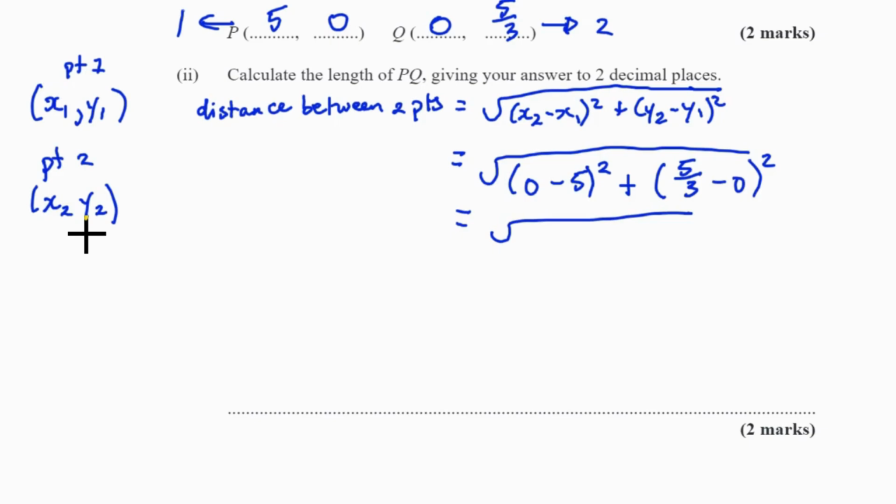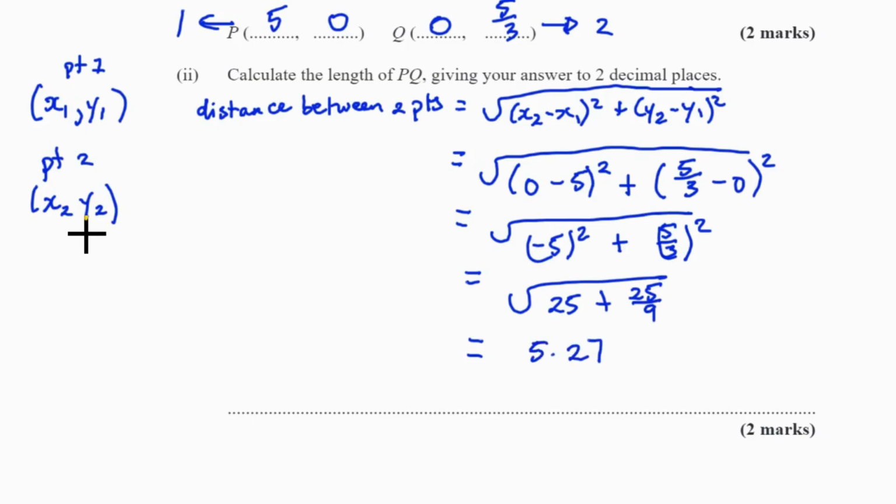So that simplifies to minus 5 squared plus 5/3 squared, and of course that simplifies to the square root of 25 plus, squaring the numerator and the denominator, 25 over 9. So when I work this out in my calculator, my answer is 5.27 units, rounded to 2 decimal places as the question has requested.